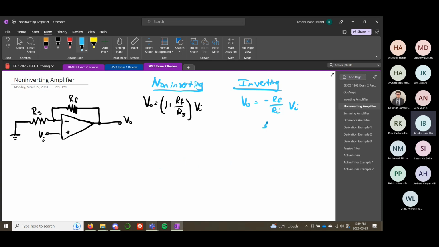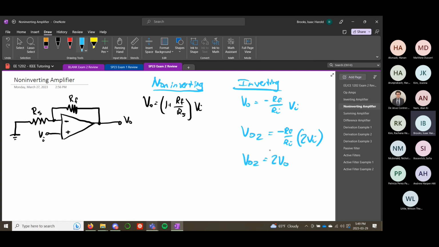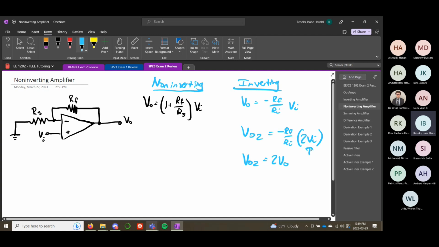So the reason the inverting equation is nice is, say that we doubled our input voltage, and we said V out 2 equals Ri 2 Vi. What happens is when we double our input voltage, that means that V out 2 equals 2 times our normal V out. If you double the input voltage, the output voltage doubles because there's no additive terms here.